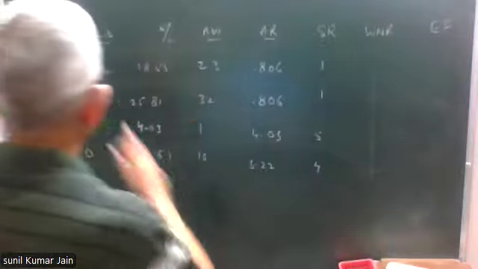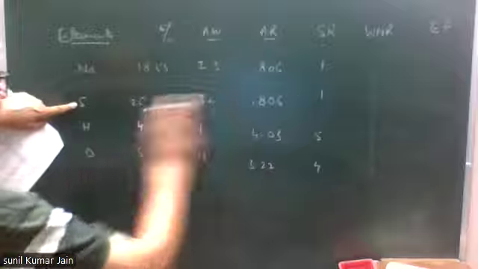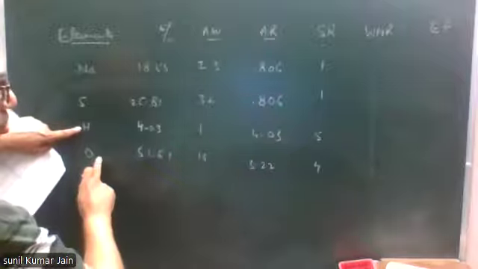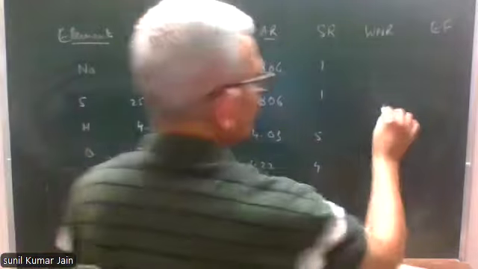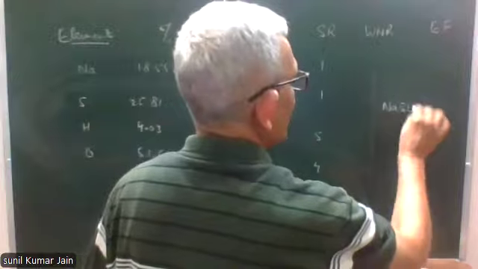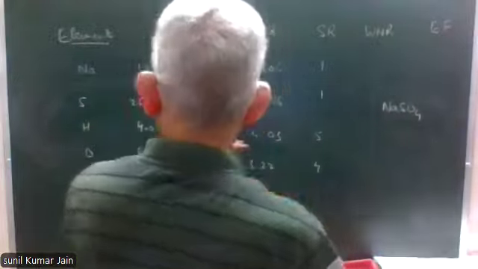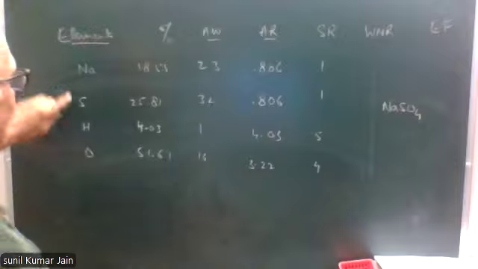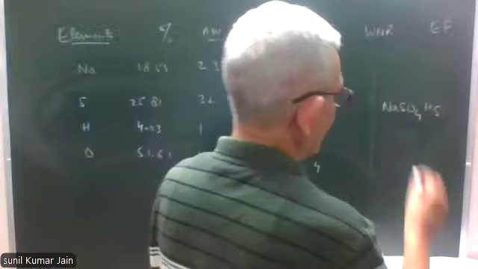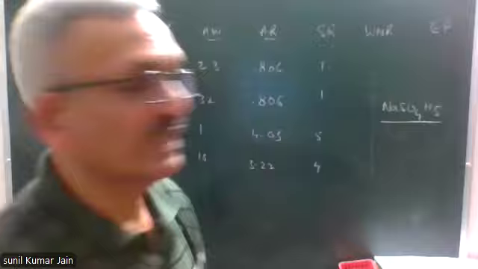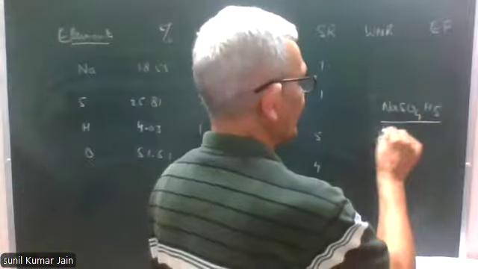Empirical formula will be NaSO4H5. Now, on the basis of this, empirical formula weight will be 124.